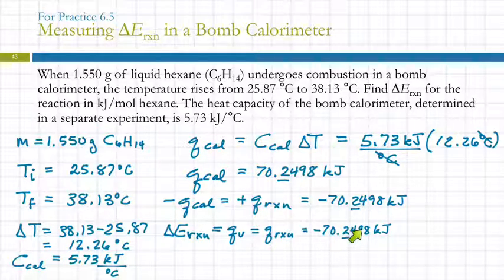This is the amount of kilojoules when 1.550 grams of hexane reacts. Is that a mole of hexane? No. It's this much energy for this much hexane. So we could convert that to moles, right? Sure we could.